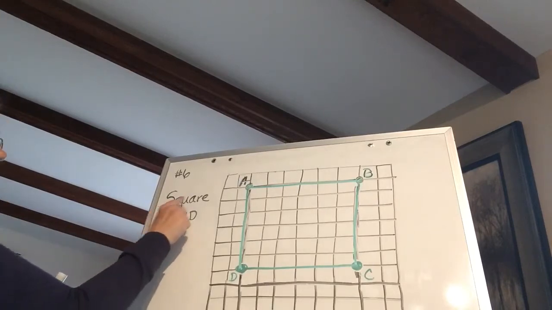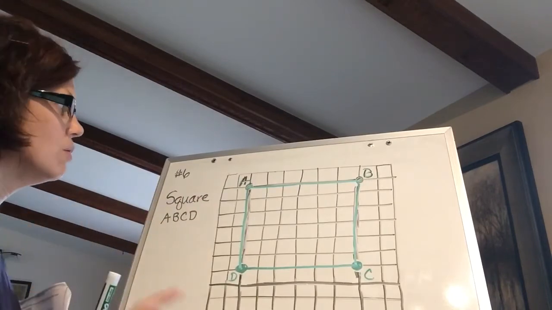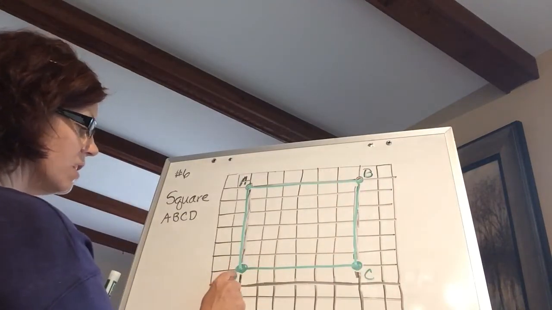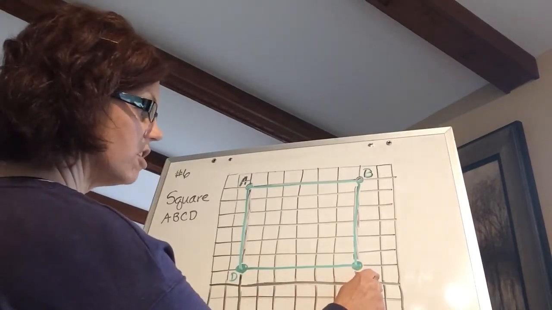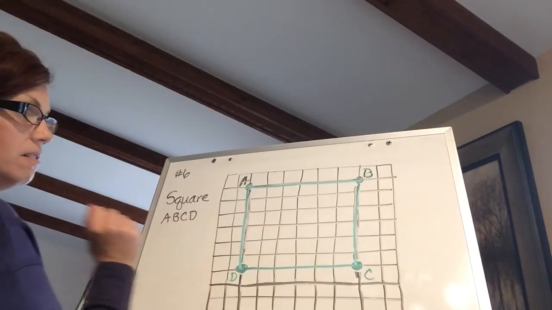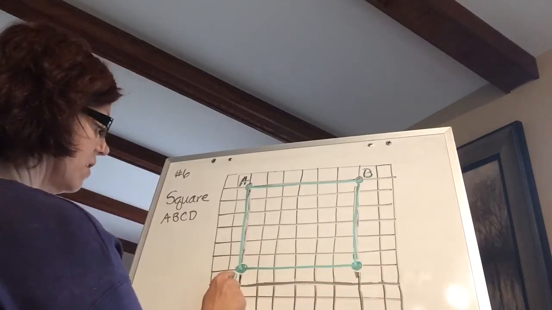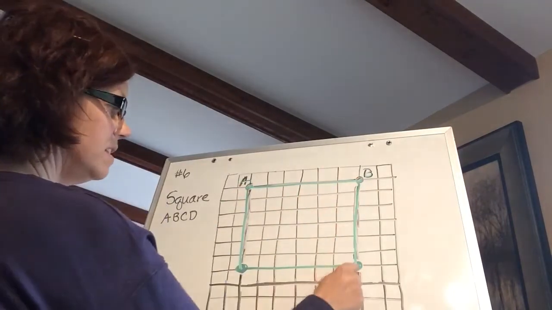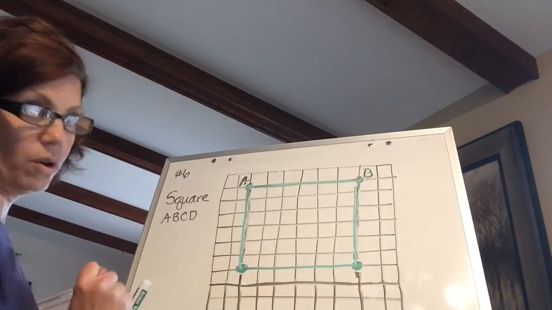This is how it's written, square ABCD. It's by the plotted points in order. A, B, C, D. You cannot interchange these. So in other words, I can't put D over here and C over here and label it A, B, C, D. If I put D over here and C over here, I would have to call the square ABDC, which you could, but you always go in order, okay?